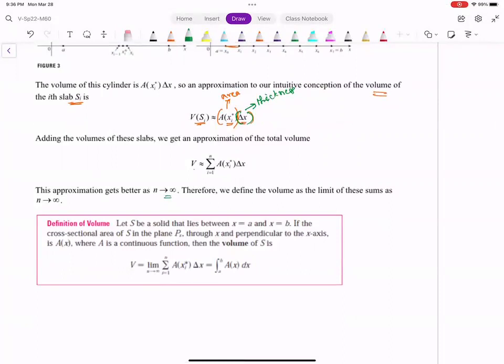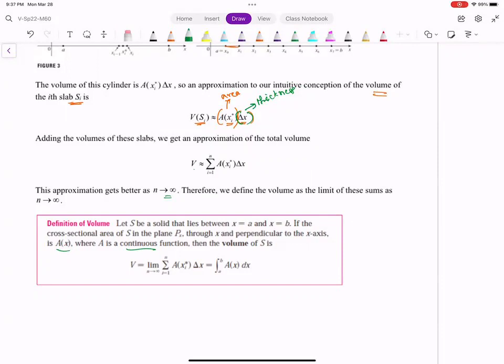So, the definition of volume. Let S be the solid that lies between x equal to a and x equal to b. The cross-sectional area of S in the plane Px through x and perpendicular to the x-axis is A of x, where A is a continuous function. Then the volume of S is given by V equal to the limit as n approaches infinity of the sum, i varying from 1 to n, of A of xi star delta x.